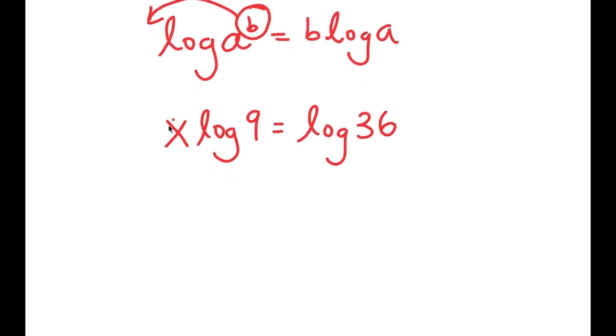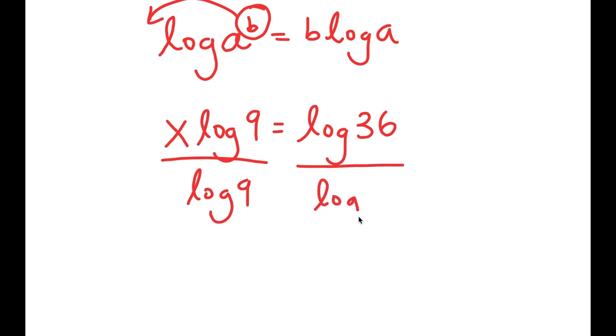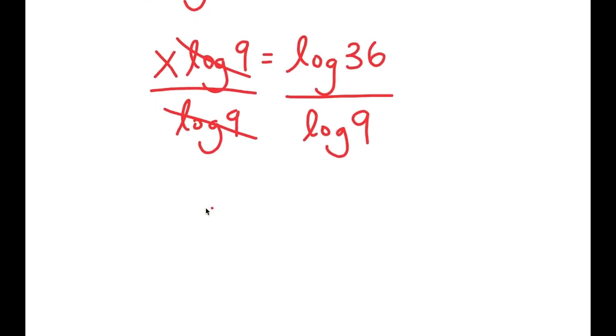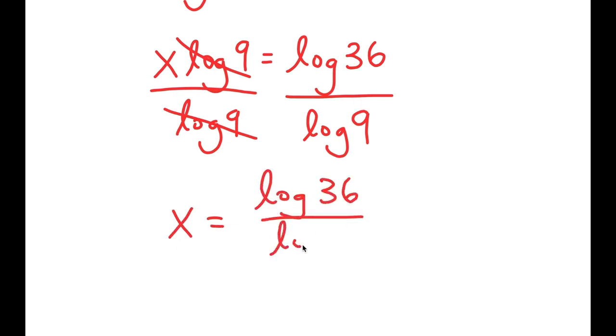And now, obviously, we want to isolate x, so I'm going to divide both sides by log 9. So then these two cancel out, and I get x is equal to log 36 over log 9.